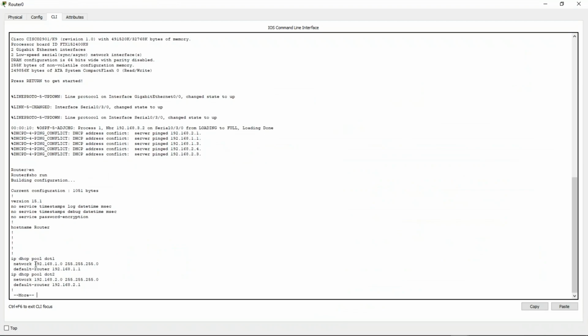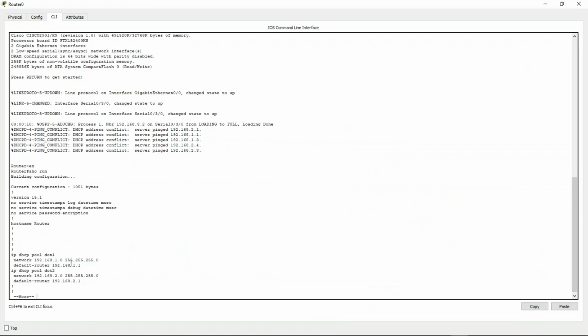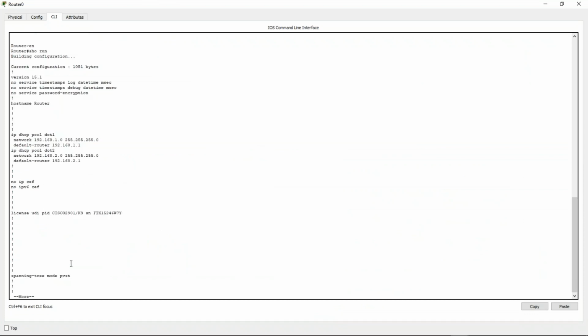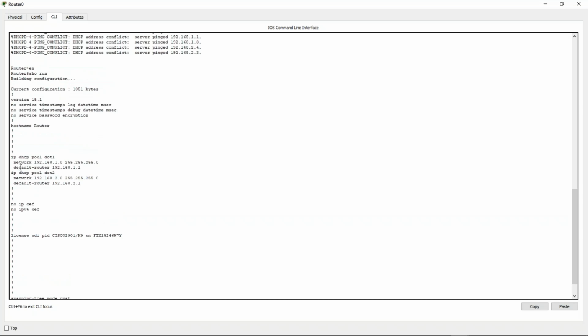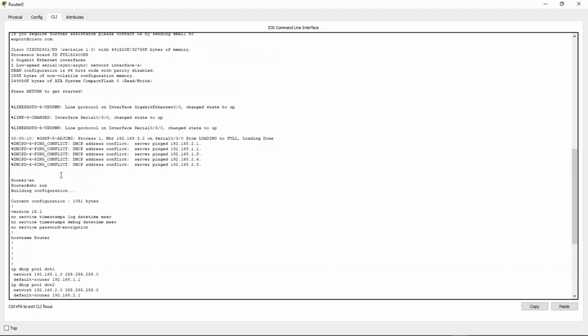I have two pools: the .10 pool, and the .20 pool as well. Let's see. DHCP address conflict. Oh, I have a conflict somewhere.